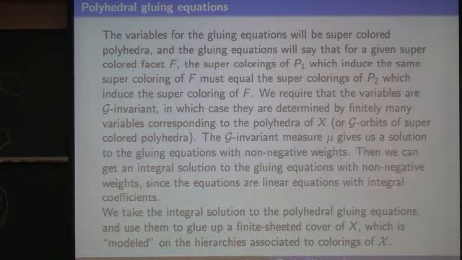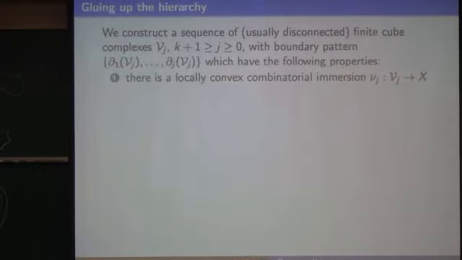And then you get finitely many of these colored polyhedra, and now they have the property that they all match up in pairs. So I take this integral solution of polyhedral gluing equations, and now I glue up a finite sheeted cover of X, which is modeled on the hierarchy of these colorings on this infinite covering space script X. So it's gluing up sort of inductively.